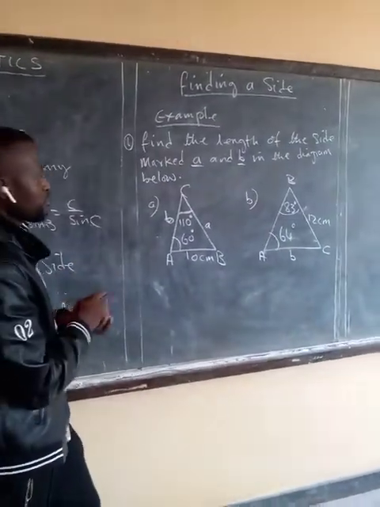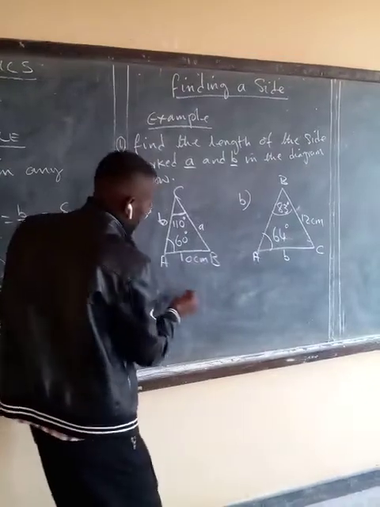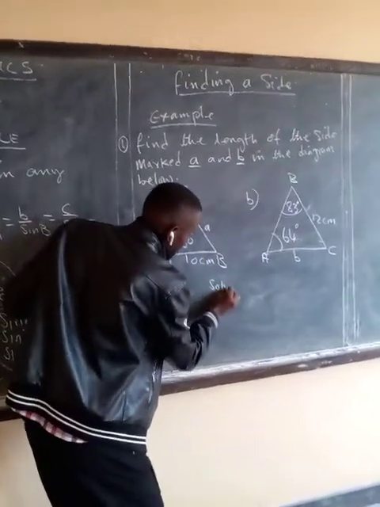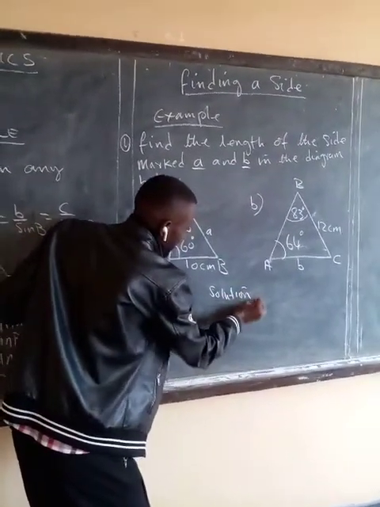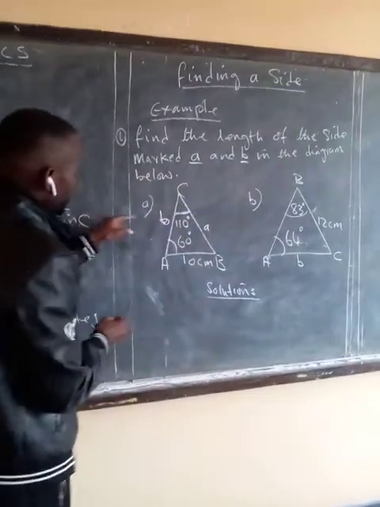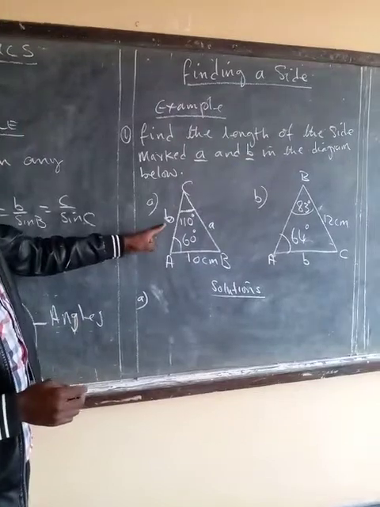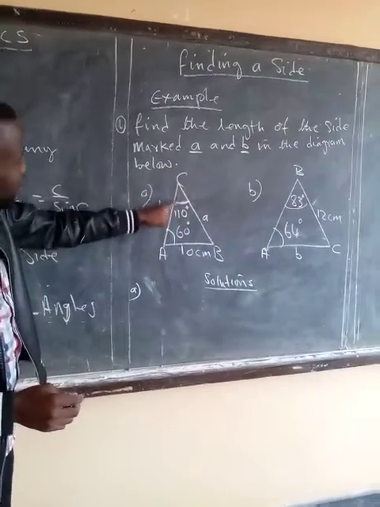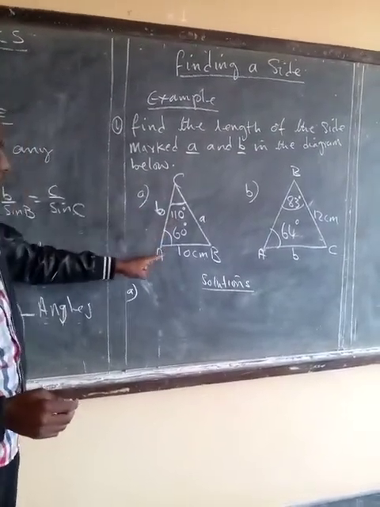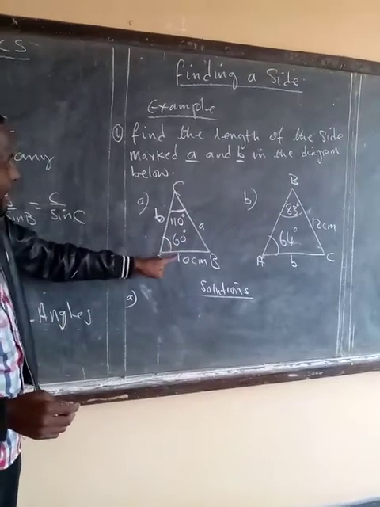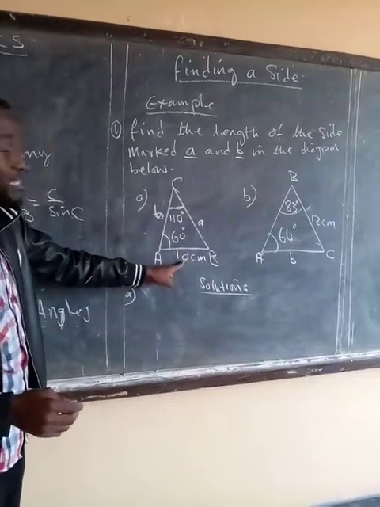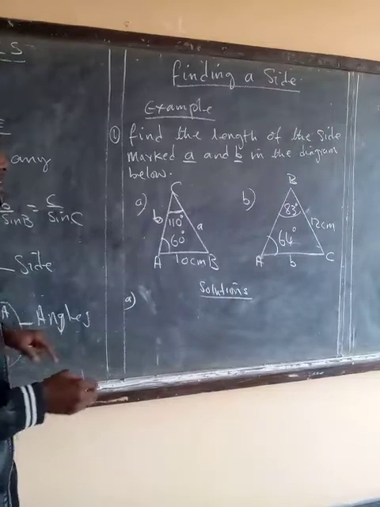The simplest way to do it is to write the solution here, starting with diagram a. We are told that angle C is 110 degrees, angle A is 60 degrees and the side c is 10. So how do we find side a?